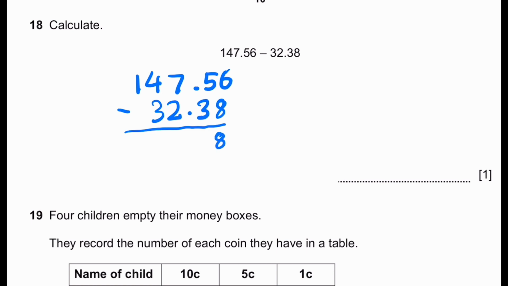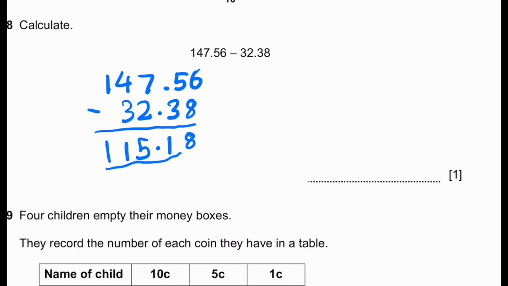And 4 minus 3 is 1. 7 minus 2, 5. 4 minus 3, 1. 1 minus 0, 1. The answer is 115.18. We must not read the decimal as 18. We have to read it as separate digits.